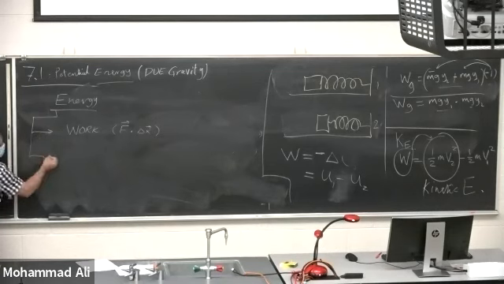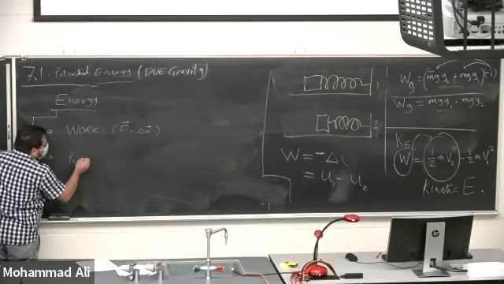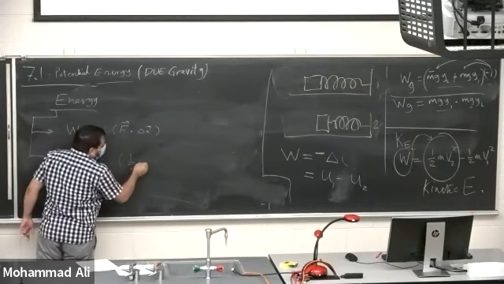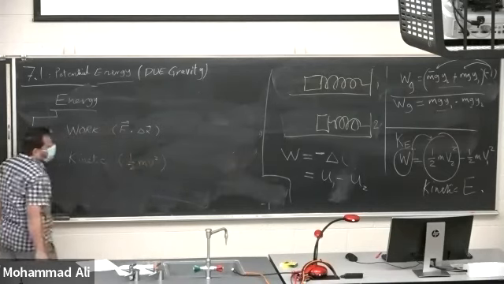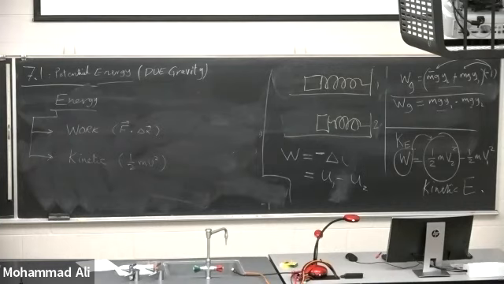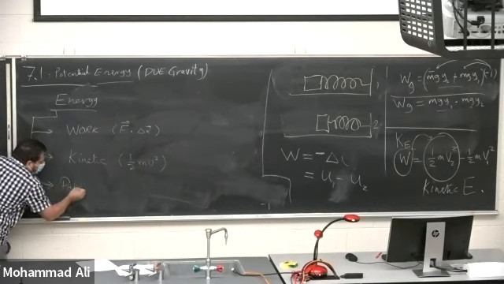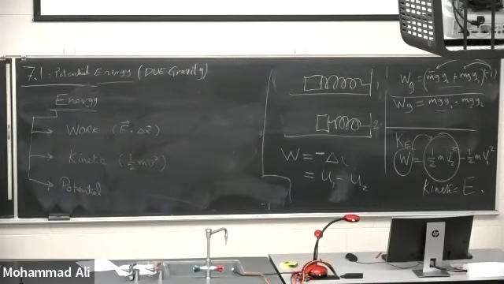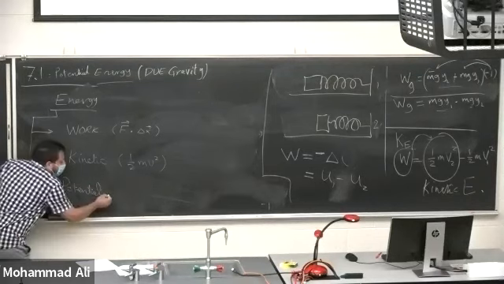We have another kind. It is the kinetic. As we see here, it is half v squared. We have now a third kind, which is potential. Potential in general, but now we are talking about due gravity.